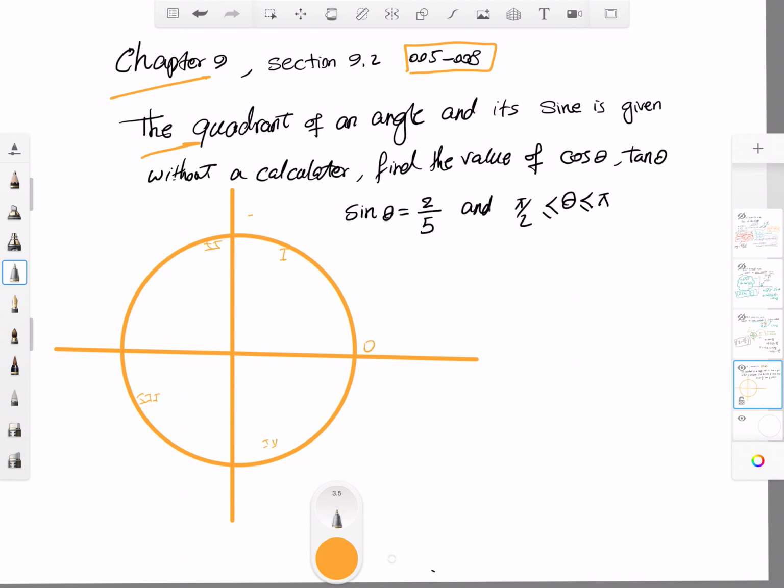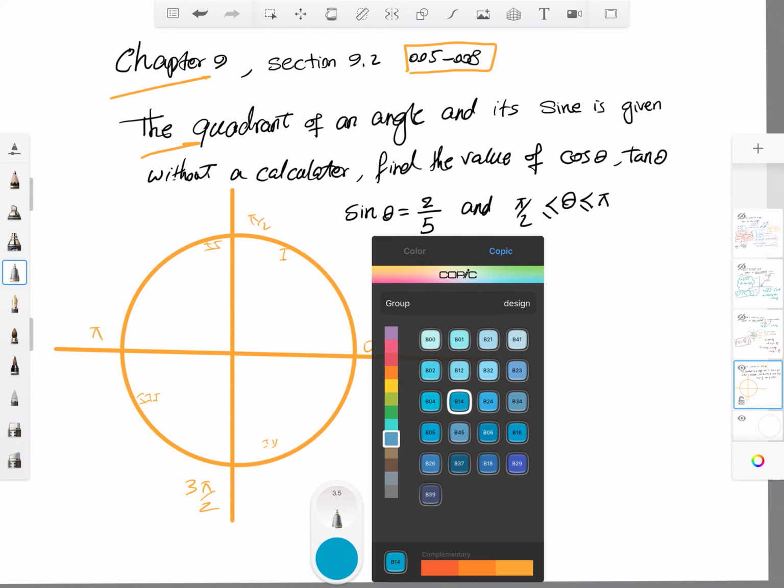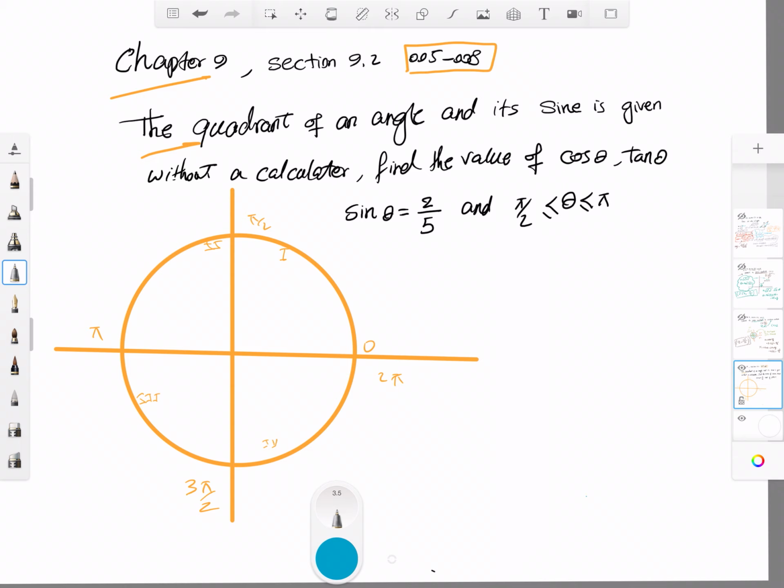This is 0, pi half, pi, 3 pi half, and 2 pi. So they're telling us that sine of theta is 2 over 5. Theta is between pi half and pi. So theta will be here. This is pi half, that's pi. So I'm going to make a line here. So this is theta.